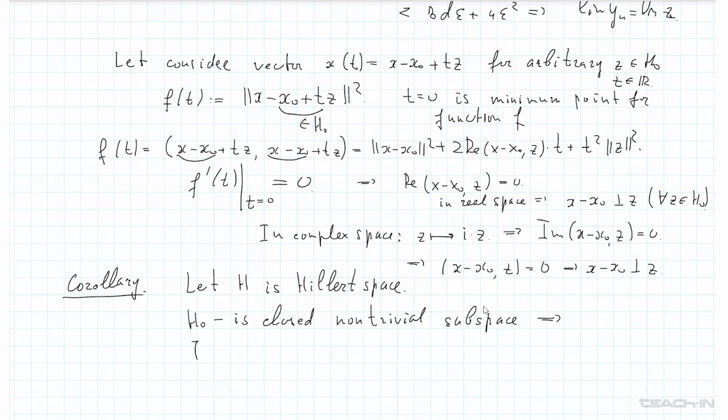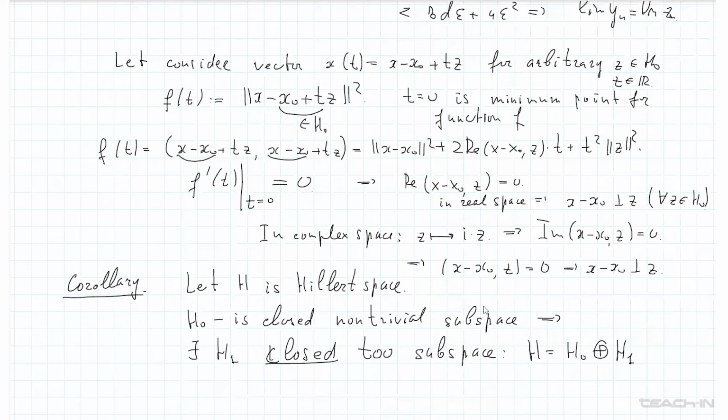Then there exists H1, closed subspace, this is important, closed subspace, such that we can write H as a direct sum of two closed subspaces. Moreover, H1 we take as the orthogonal complement.